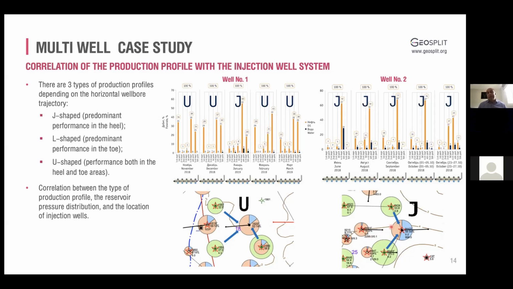This further triggered the concept of using the production profiling from the inflow tracers to optimize the water flooding projects.